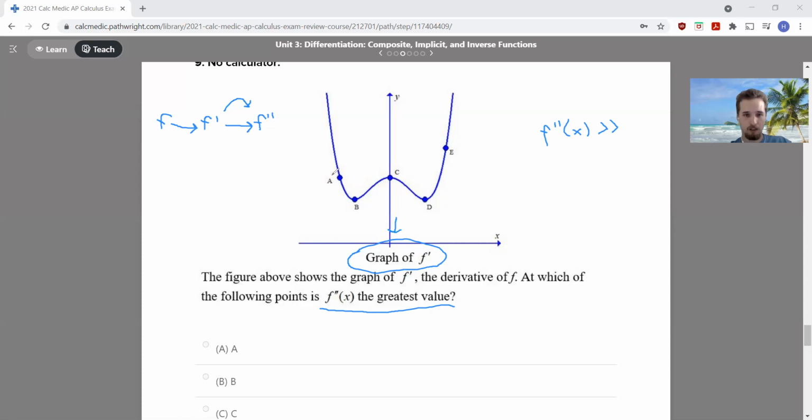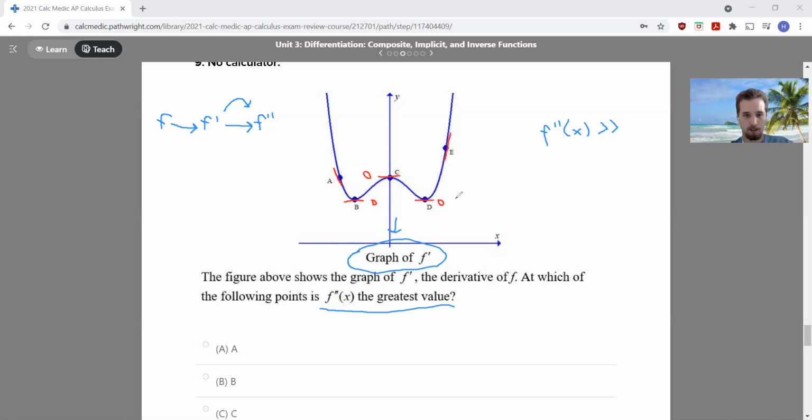So the slope of A, pretty small, right? It's probably at least -5. At B, the slope's 0, so f double prime is just 0. C, slope is 0 here too. Slope at D, 0.